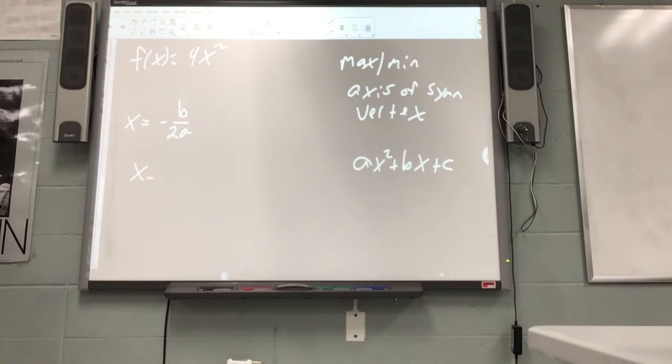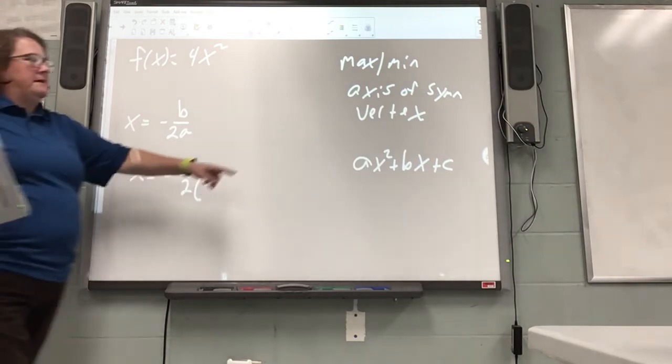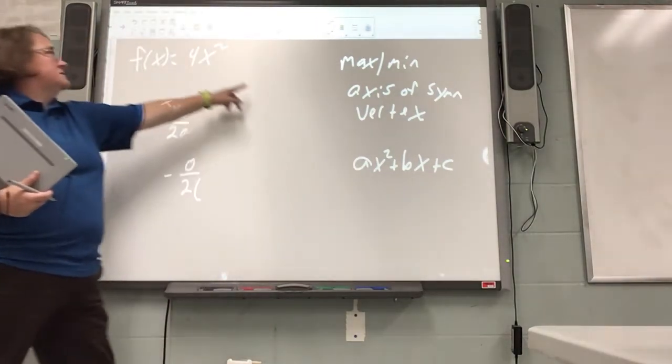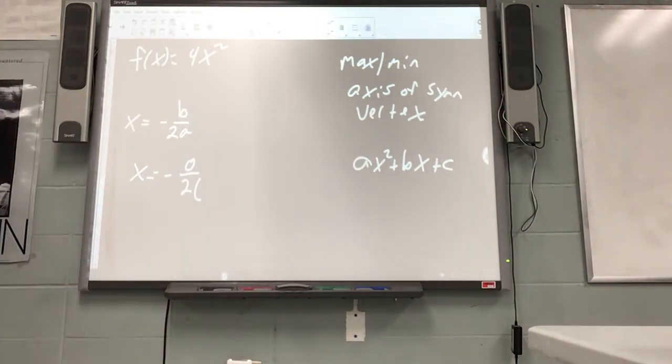Good. Over 2 times, what's our a? Your a is how many x squareds you have. How many x squareds do we have? 4. And what is 0 divided by 8? 0, very good. So our axis of symmetry would be at x equals 0.